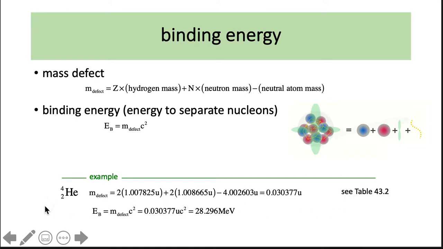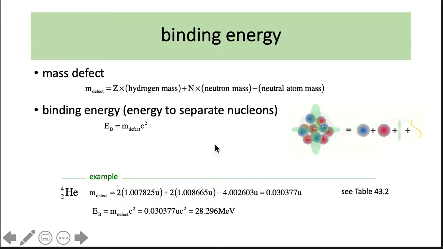Now, you might wonder, who cares? Here's where it gets interesting. That's the binding energy of this whole nucleus, but it's interesting to think about the binding energy per nucleon. What's it like to be a nucleon in a helium atom versus being a nucleon in a carbon atom?